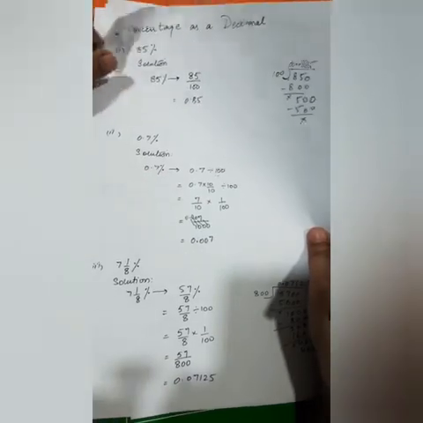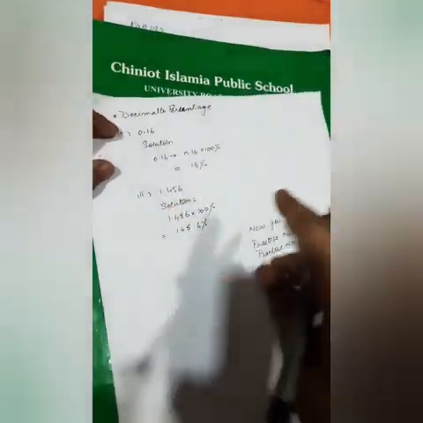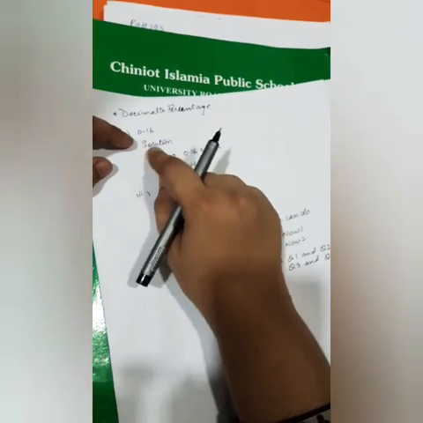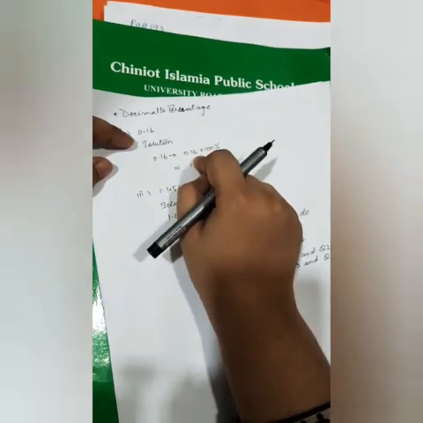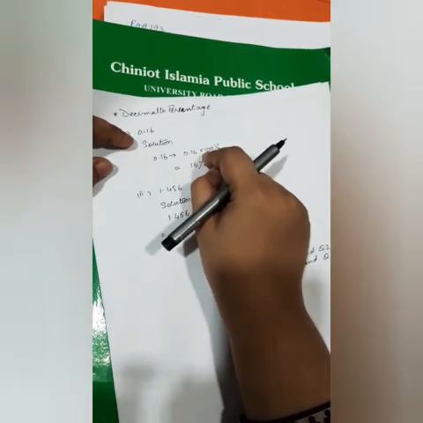What is the next part they are asking? Now decimal to percentage. Now we are going to convert our decimal to a percentage. This is also very easy. 0.16 multiplied by 100%. So it's 100, so 2 decimal places we have to move forward.